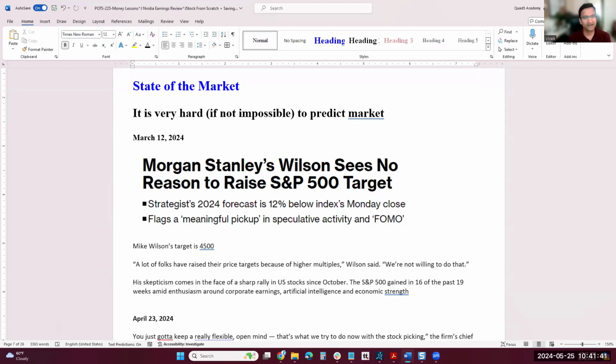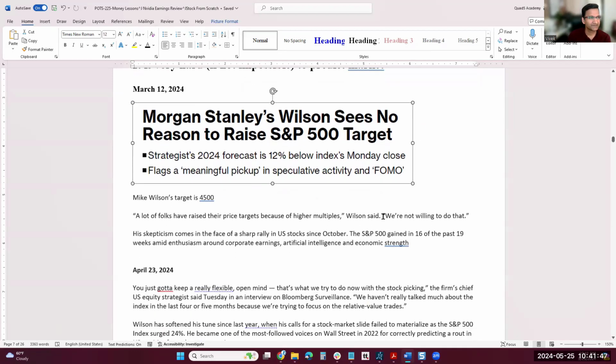All right, coming back to the market. I always said it is hard, if not impossible, to predict the market. But now you see, I want to talk about Mike Wilson, who's Morgan Stanley's chief equity strategist. In March, he says he sees no reason to raise his S&P target.